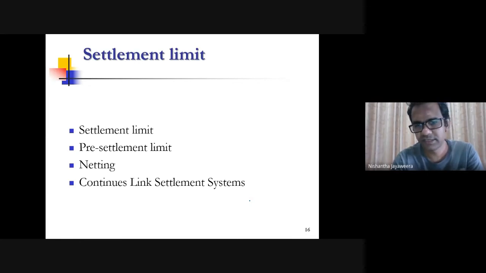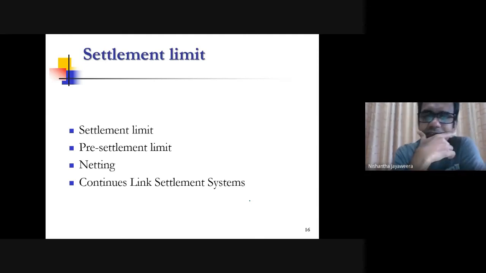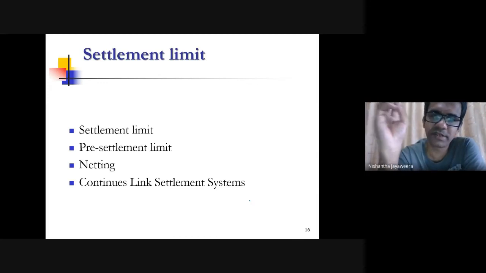There can be transactions in both ways. Whatever you bought, whatever you sold in the same currency pair, you can net it and make a payment from one party to the other based on that net amount. Then the settlement risk would be minimized. You can do that as well. In the settlement limit, what do you establish for a particular party?